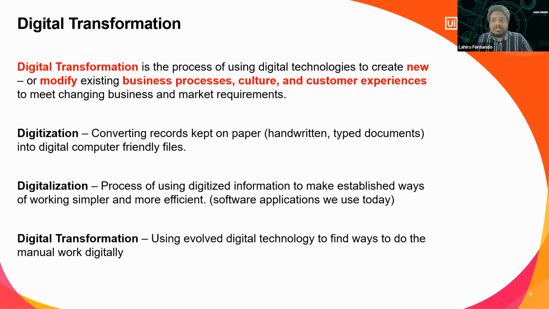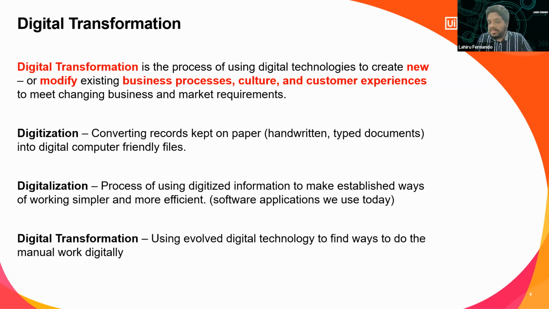And then comes digitalization. That's where we use this digitized information in our software applications to make things simpler and more efficient. So these things are what we are going to automate through digital transformation.